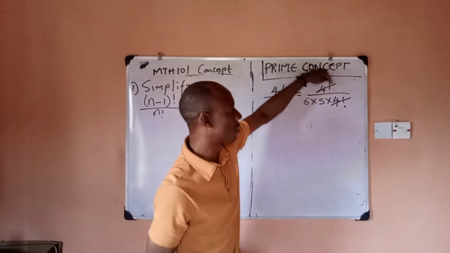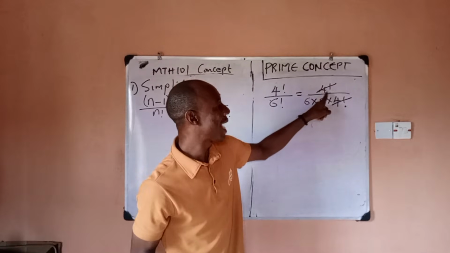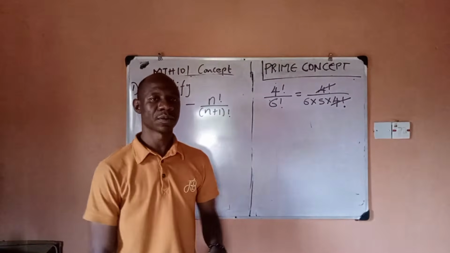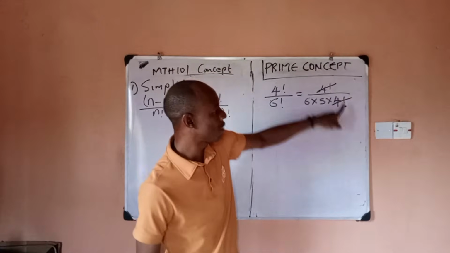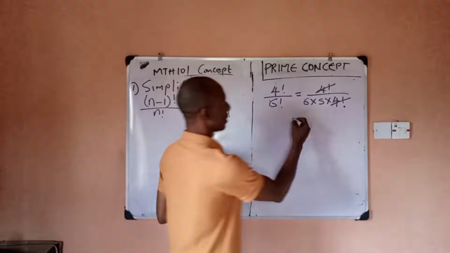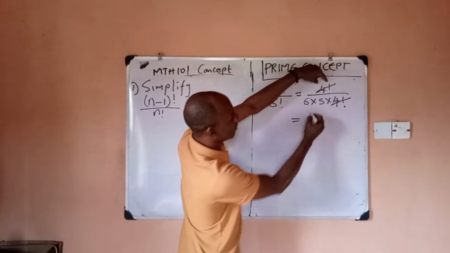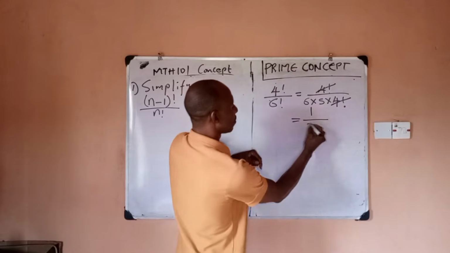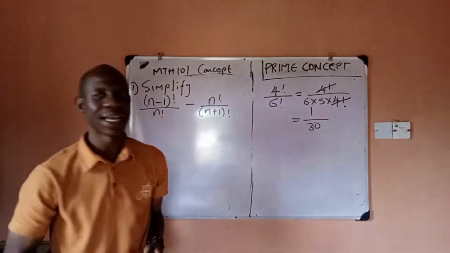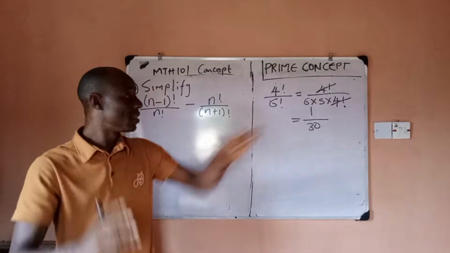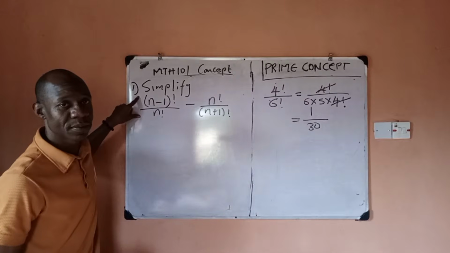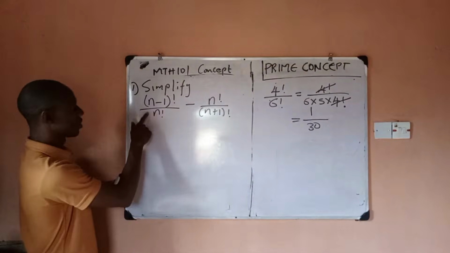Remember, I did not say factorial cancels factorial. The number attached to the factorials must be the same before you can cancel. So 4 factorial will now cancel 4 factorial. Then above, I am left with only 1, all over. Under, I'm left with 6 times 5, which is 30. So this becomes my answer. I believe this is clear. If it is clear to you, this is exactly what I'll be doing in this question. Now let's do this question.